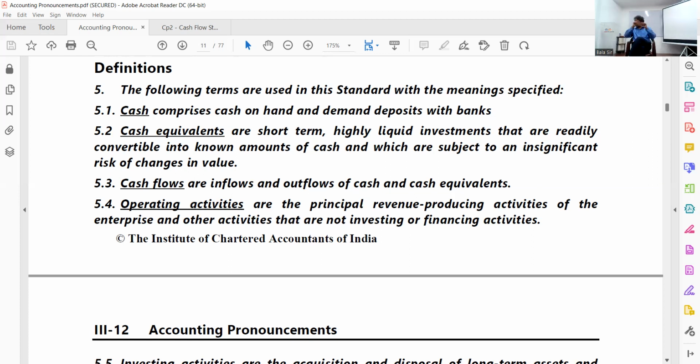Yes or no? No free lunch. Because you borrowed money, somebody is lending money, he wants interest. For him it's a return on investment. For you it's an interest obligation. You have to pay. It's a cost of funding.